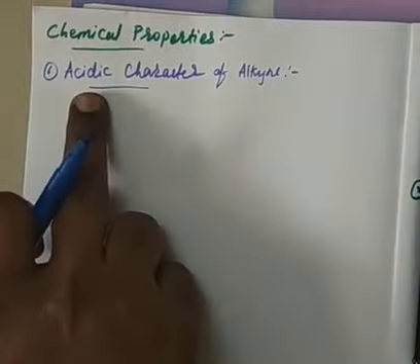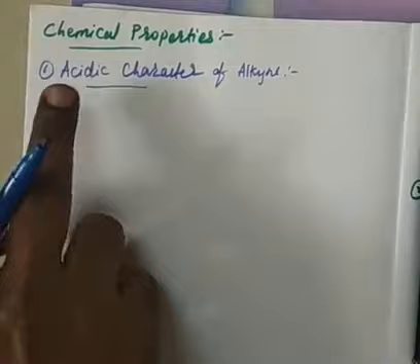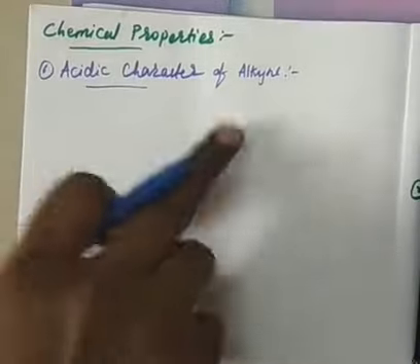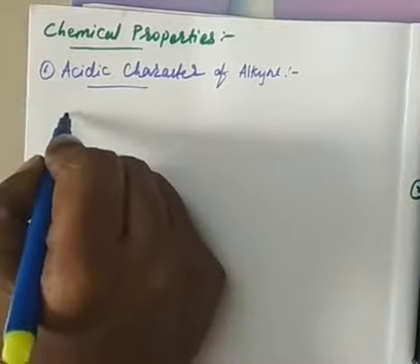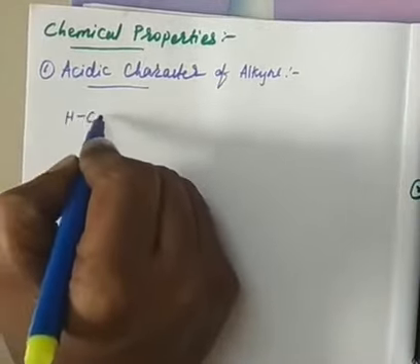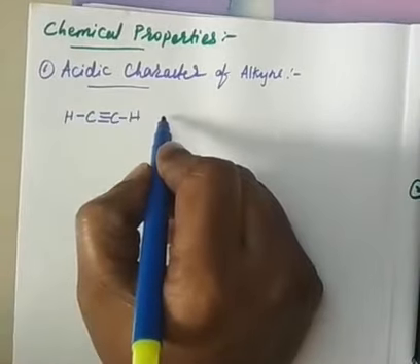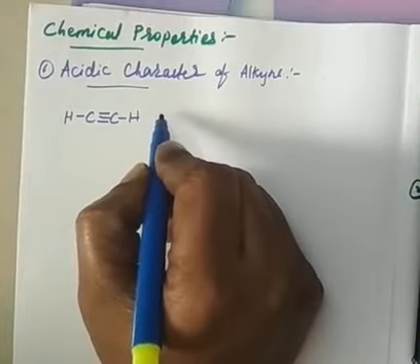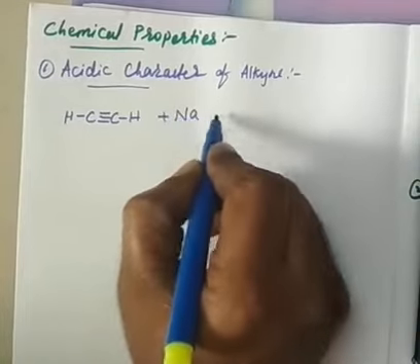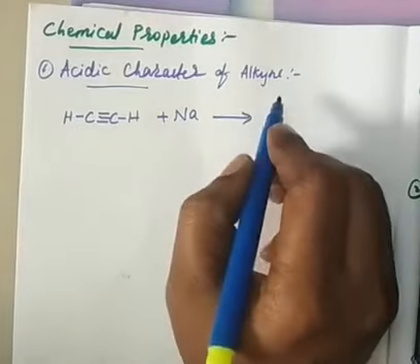Acid means proton donor. So how can it donate a proton? If it is polar. Just now I said that alkynes have a little polarity, right? So here, how have they identified it? See here, our alkyne has a C-H bond, right? On reaction with sodium, they found that it forms monosodium ethanide.